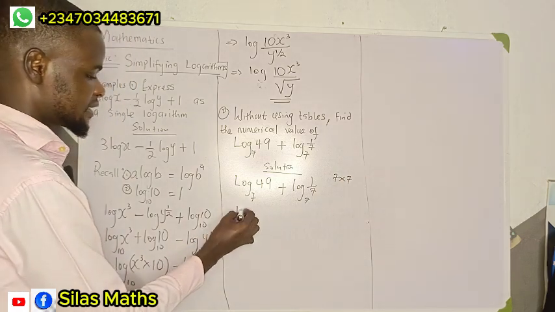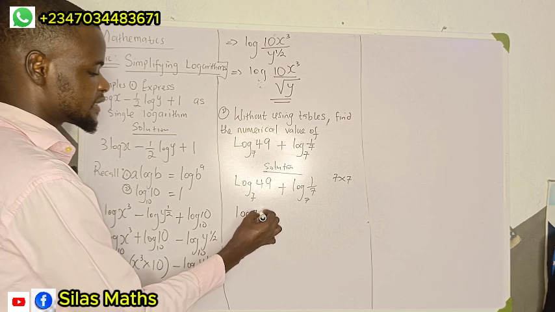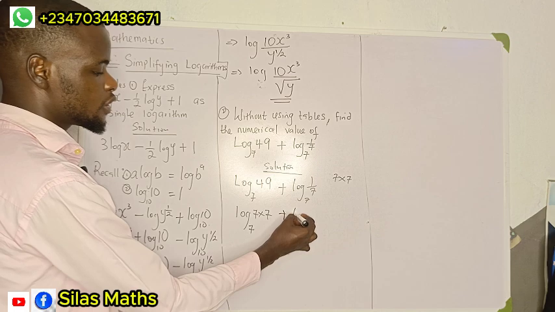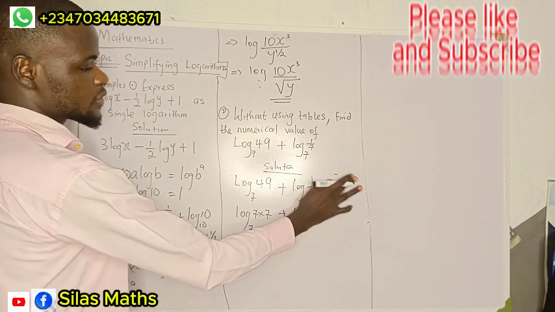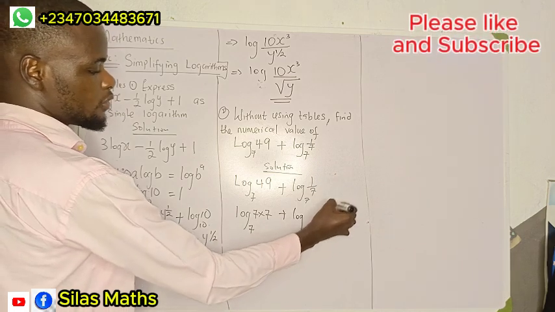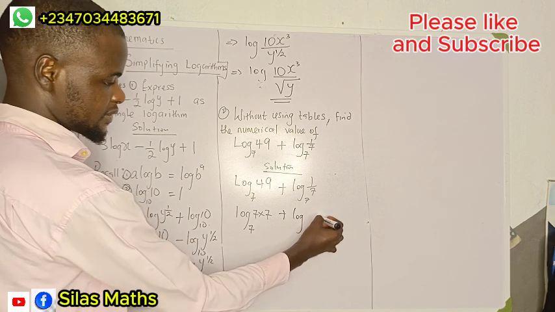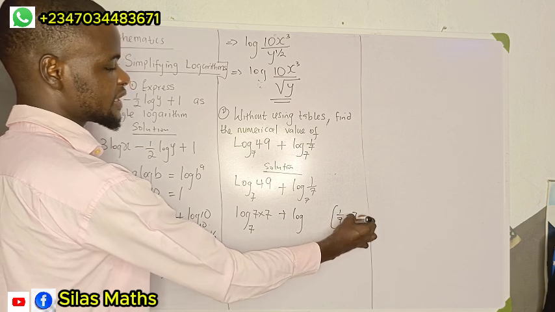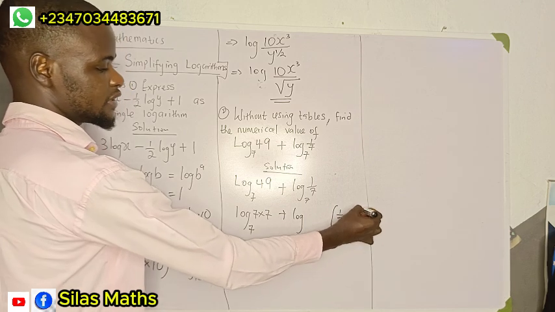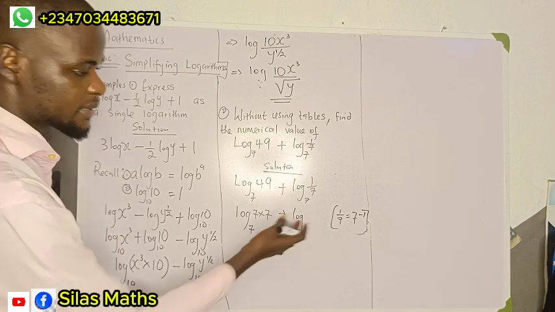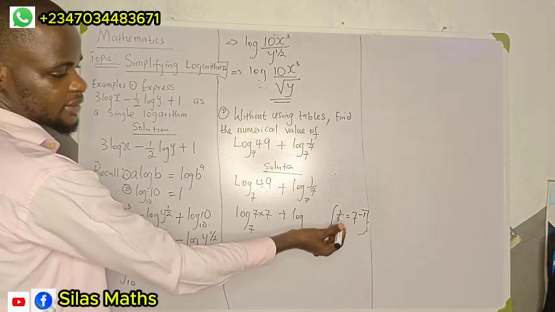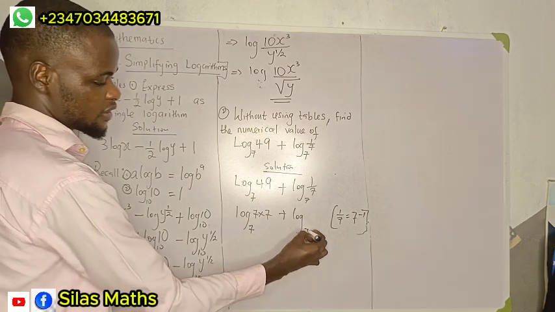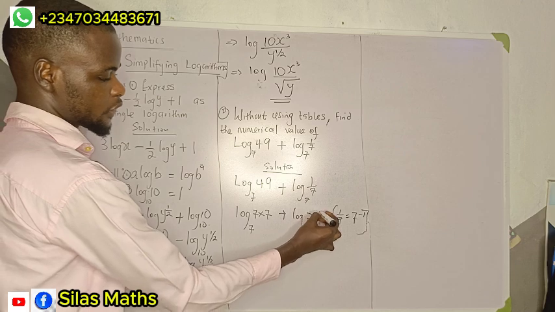So this is log of 7 times 7 base 7, plus log of, now also note that 1/7 is something as 7 raised to power minus 1. Yes, 7 raised to power minus 1 is the reciprocal of 7. That's 1/7. So I can express it this way: 7 raised to power minus 1.